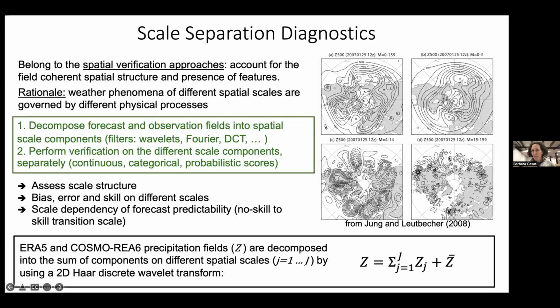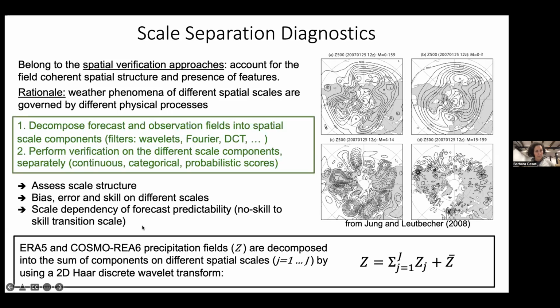On the right, I've pulled out an image from Jung and Leutbecher, where this is an example of scale components. So you see they use here a spherical harmonic filter to decompose the 500 GZ field. And you can see there are very small details in the smallest scales, and then every component is characterized by phenomena on different scales, essentially.